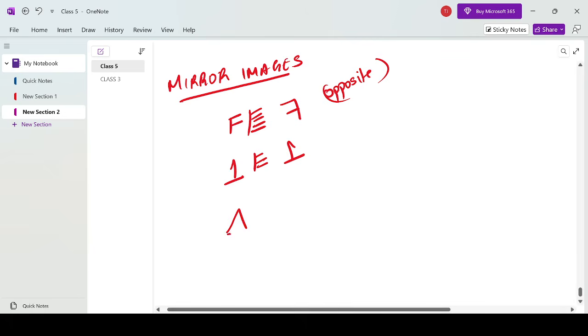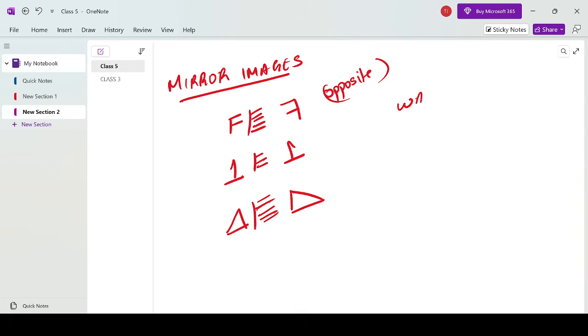Diagrams like a triangle, right angle triangle, in a mirror definitely you will see it this way. But keep this in mind, mirror image is not reciprocal, it is opposite. That's it. On the other hand, water image is reciprocal. Water image is reciprocal.